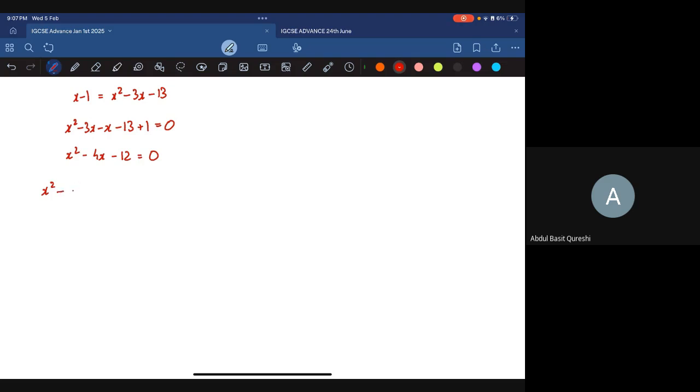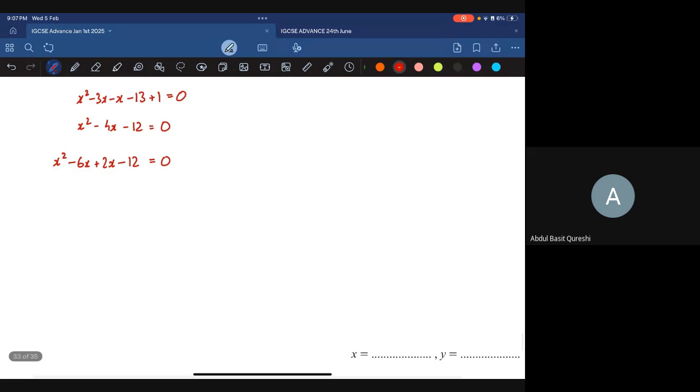So I can go like minus 6x plus 2x minus 12 is equal to 0. I have broken the middle term into minus 6 and plus 2. Minus 6x and plus 2x makes minus 4x, and if I multiply minus 6 and 2, it makes minus 12. Now I can simply factorize this. x squared minus 6x, if I factor out x, is x times x minus 6, plus, if I factor 2 out, it's 2 times x minus 6 again.